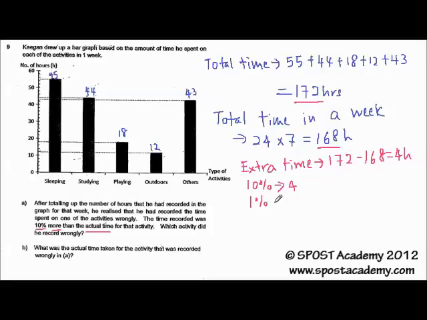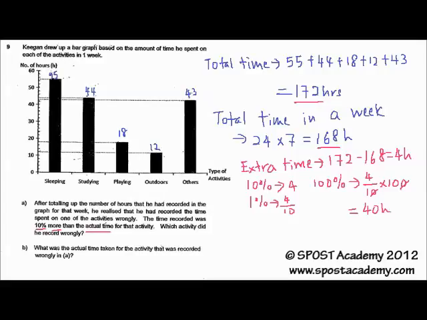So 1% is given by 4 divided by 10. And to find 100%, it will be 4 over 10 times 100, which means that it should be 40 hours.